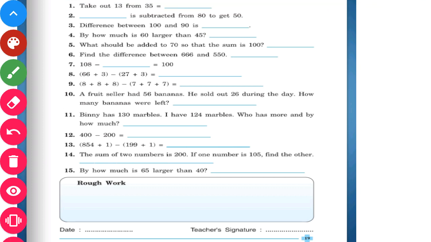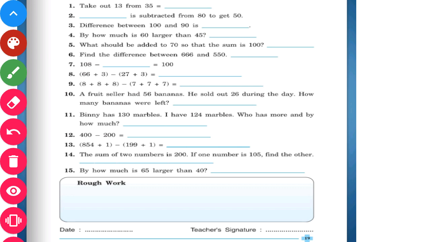So question number 11 says, Binny has 130 marbles. I have 124 marbles. Who has more marbles and by how much?